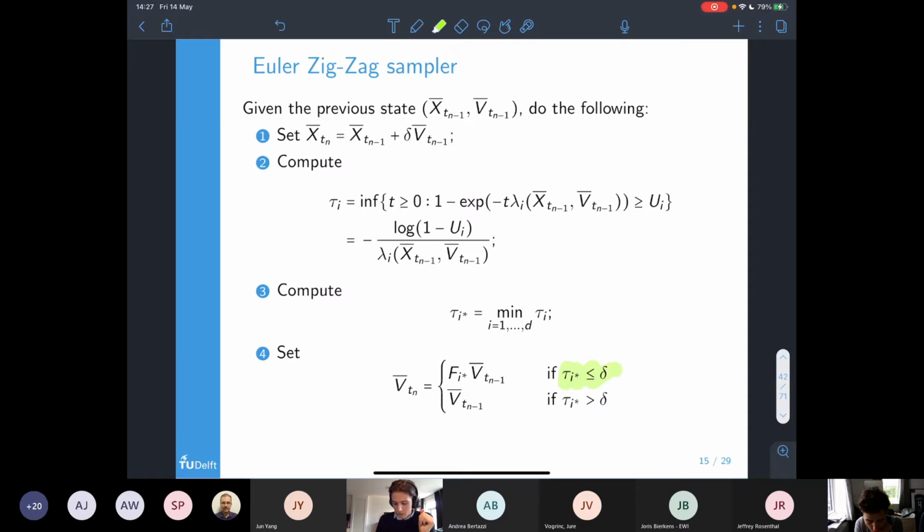In this case, we will flip the component i star of the velocity vector, and this will give us our new velocity. But it can also happen that tau i star, the smallest switching time, is larger than delta, in which case no event is happening in the current time step. We will just simply copy and paste the velocity vector from the previous step.